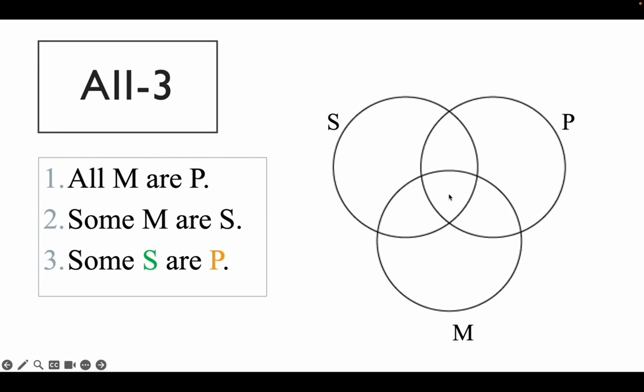So the problem is that I have to diagram exactly what the premise states, and no more and no less than that. Consequently, it's always required that you start with a universal premise.